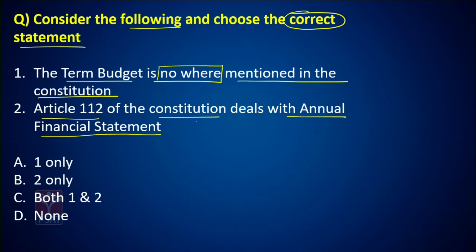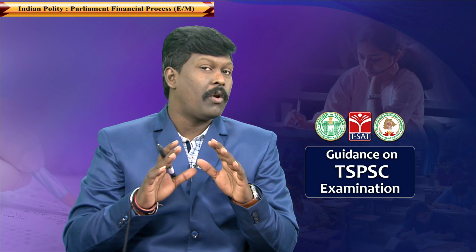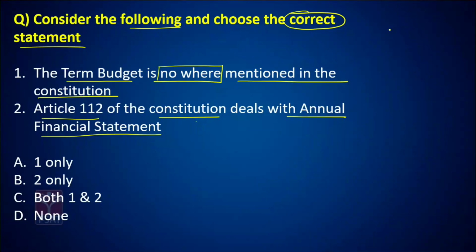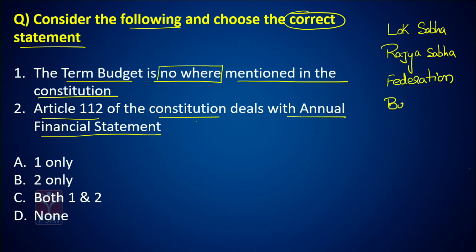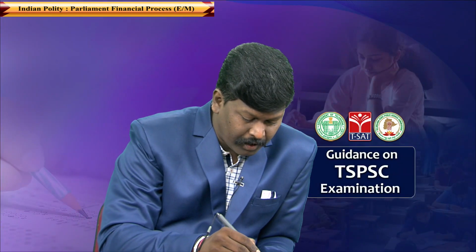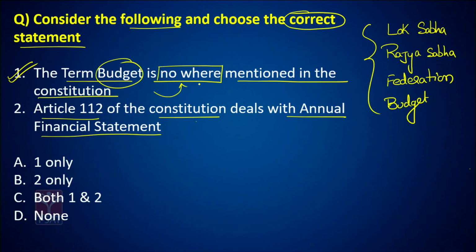There are a few important terms which are not mentioned in the Constitution, like Lok Sabha, Rajya Sabha, federation, and budget. These terms are nowhere mentioned in the Constitution. Meaning, this is a correct statement.